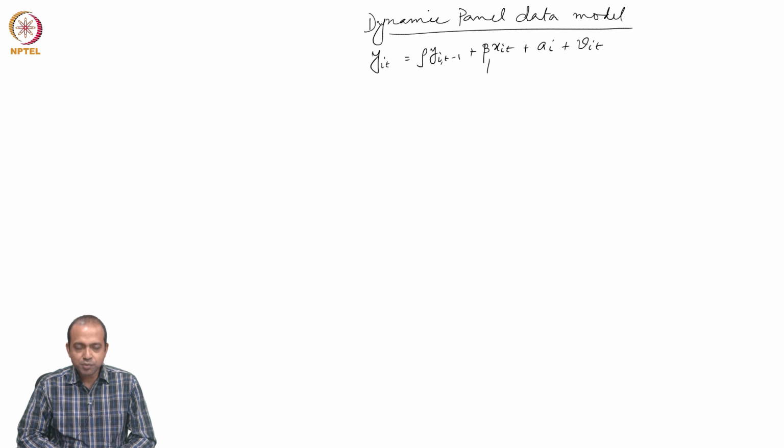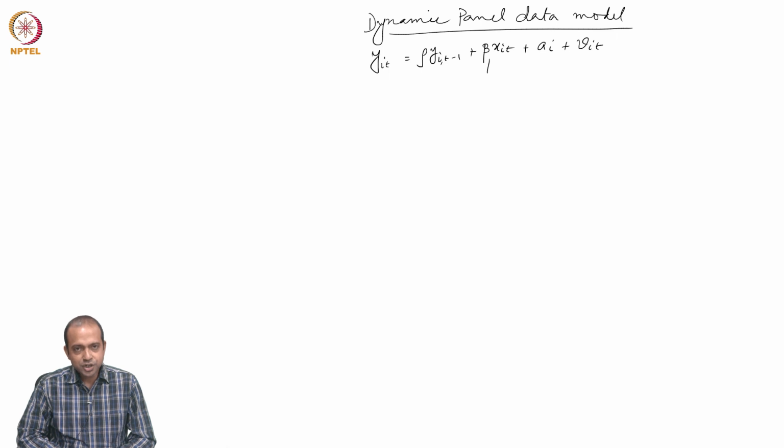Differentiating system GMM from the difference GMM in terms of this command is very simple. In system GMM, we are not removing the level equation from the command. That means I need a level equation also.